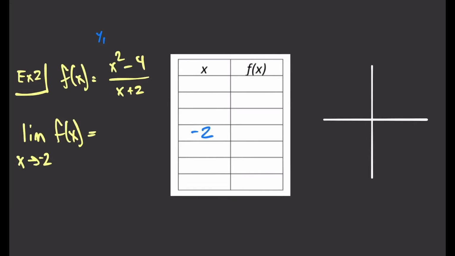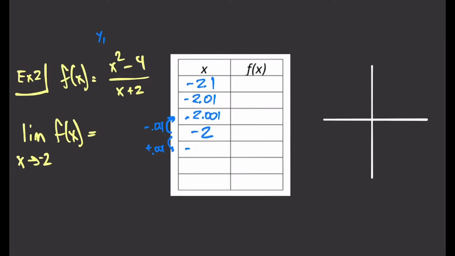Now, with the negative numbers, it gets a little tricky because remember, what I'm going to do here is I'm going to subtract 1,000th. All right, so that's actually going to give me -2.001. This will be -2.01 because then you subtract 100th, and this will be -2.1. Okay, so going this direction, I'm going to add 1,000th.